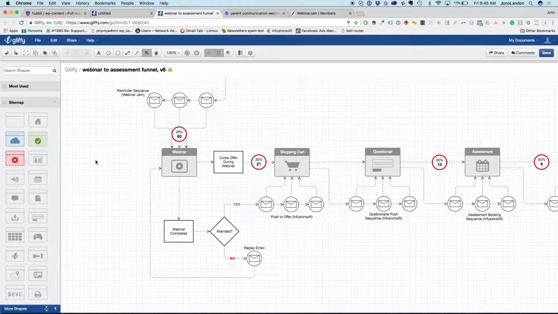So what I came up with then was, those free assessments were working. What if we just sell them at a really low ticket price? So now we're pitching what I call the parent communication report card. It's basically an assessment, and they are actually purchasing it during the webinar.